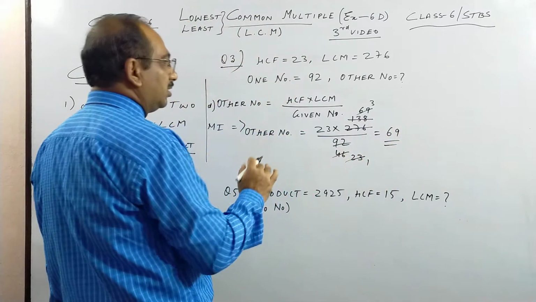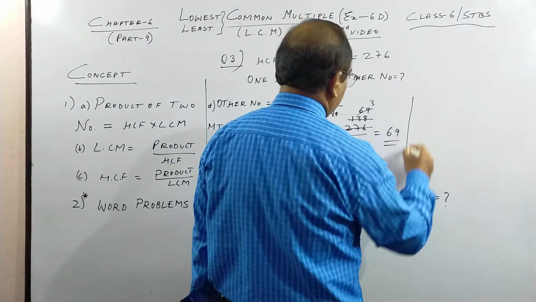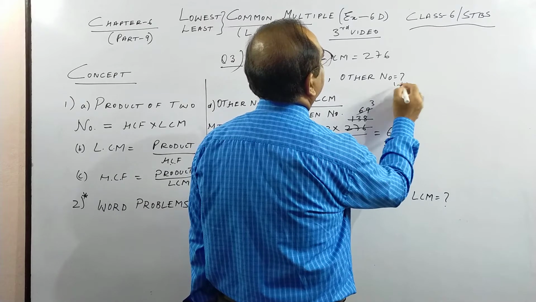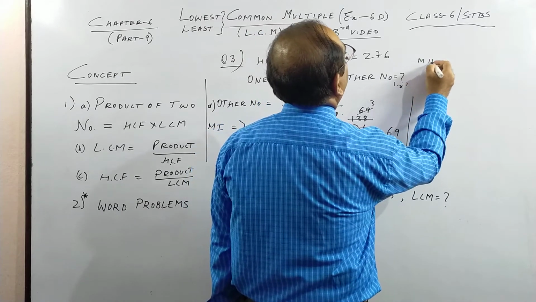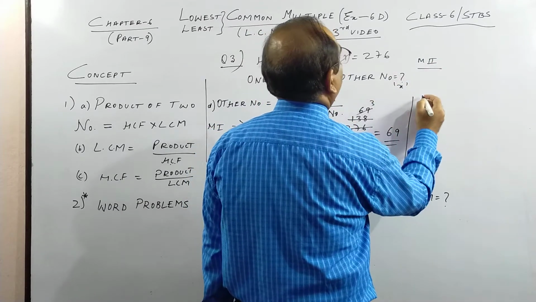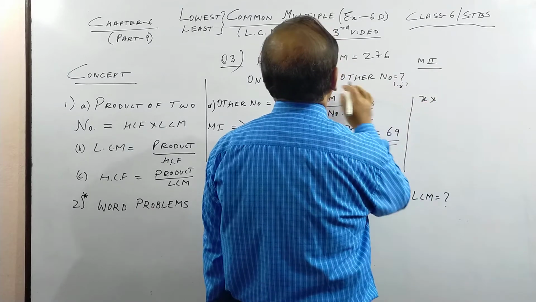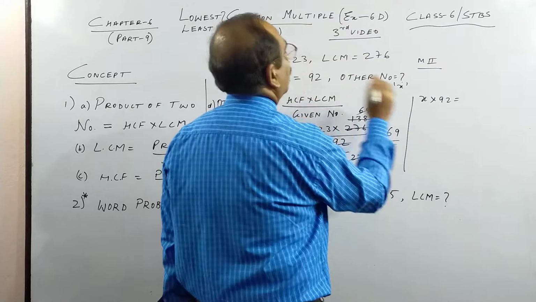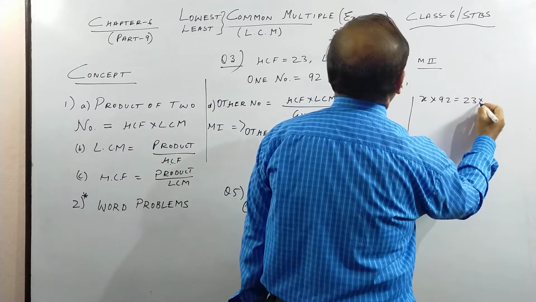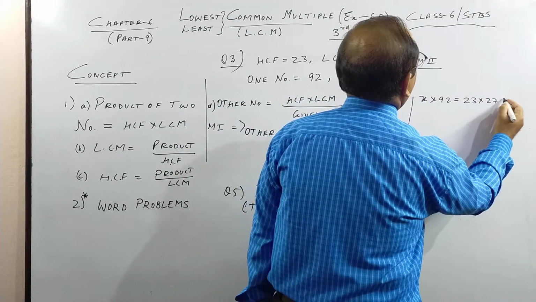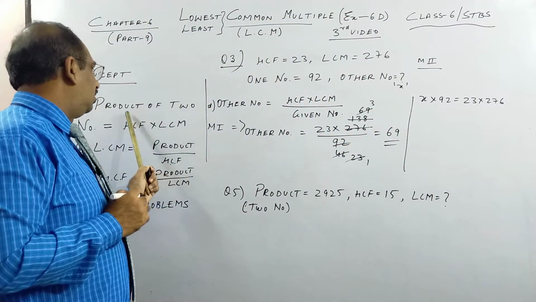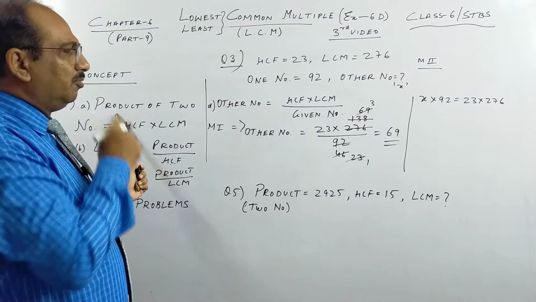So this is my method 1. If you want to see the other method, let the other number be x. See method 2. Product of two numbers: x into 92 is 23 into 276. Here I am taking the first formula. You can do all the sums by taking the first formula.